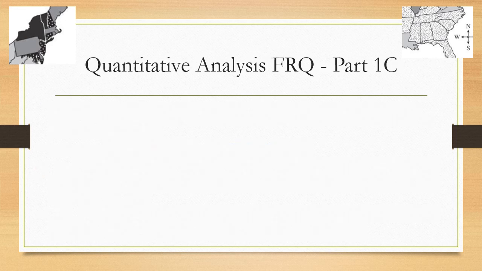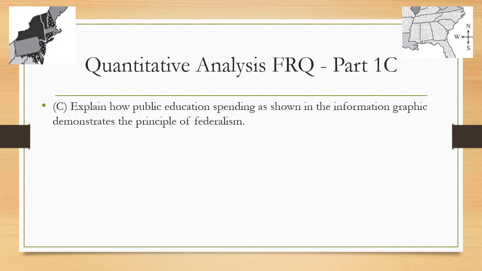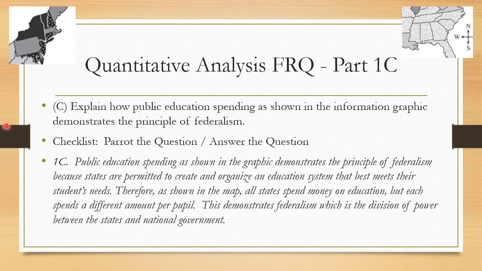All right, the final part of it. C, explain how public education spending, as shown in the information graphic, demonstrates the principle of federalism. It's an explain point, and so it's going to be a little bit more, but it's only worth 1 point, so we only need one part of the question, right? All right, our checklist. Parrot the question, answer the question. Public education spending, as shown in the graphic, demonstrates the principle of federalism because, so I've restated the prompt, right?